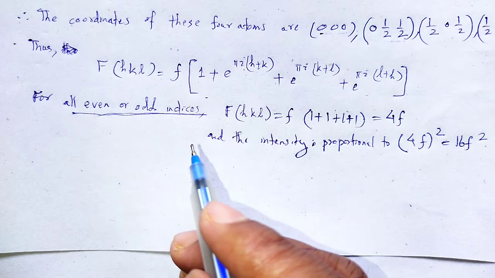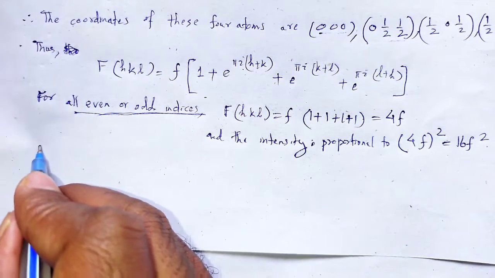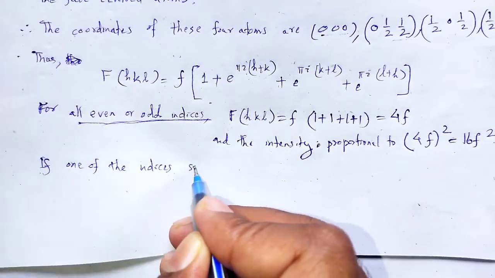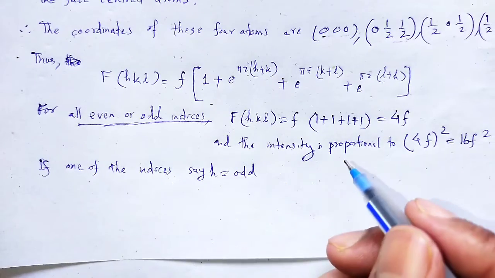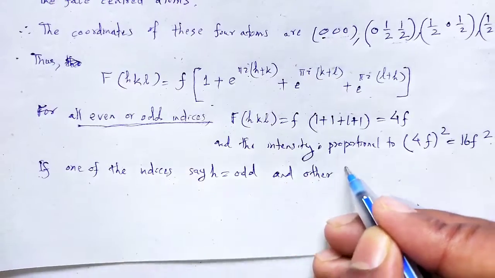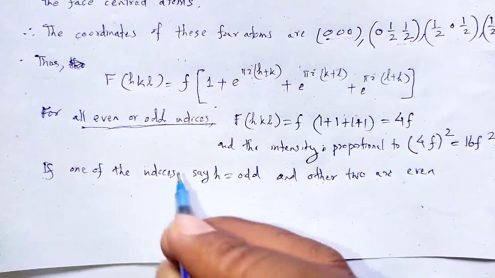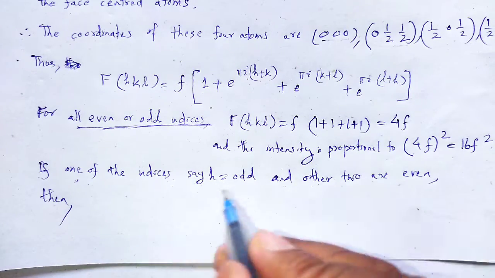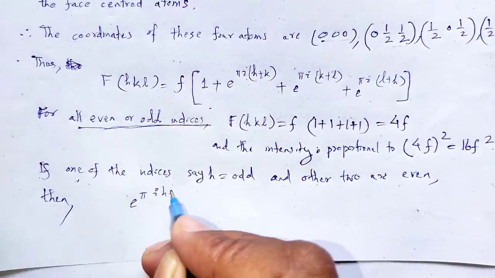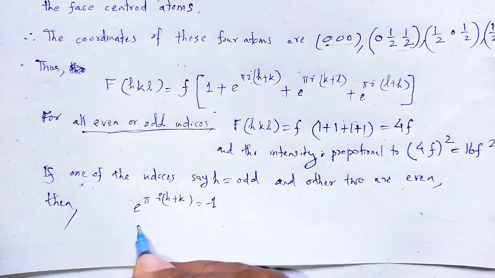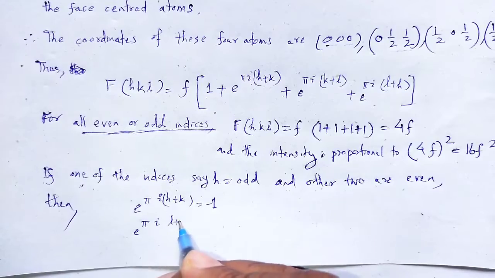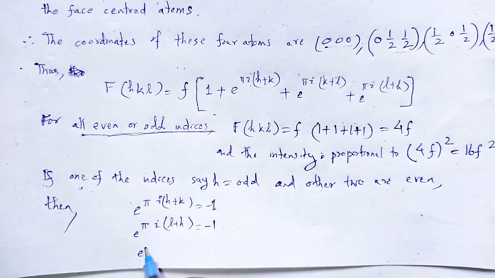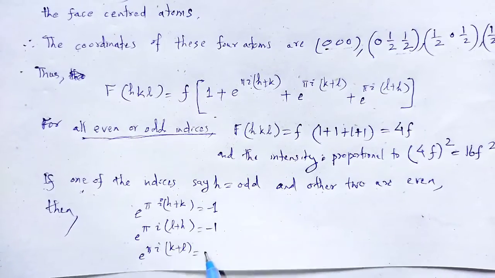If one of the indices is odd and the other two are even, let us say h is odd and the other two are even, then the terms e to the power pi i (h plus k) is equal to -1, e to the power pi i (l plus h) is equal to -1, and e to the power pi i (k plus l) is equal to 1.